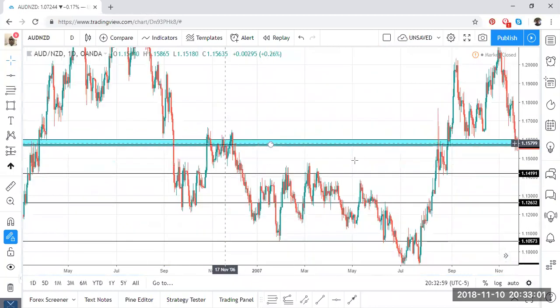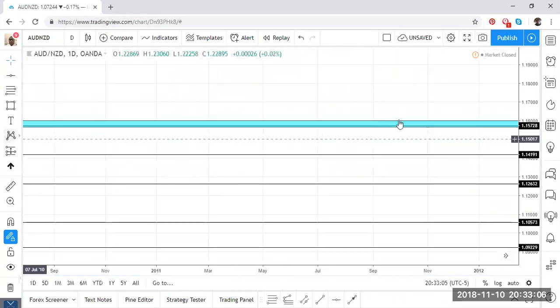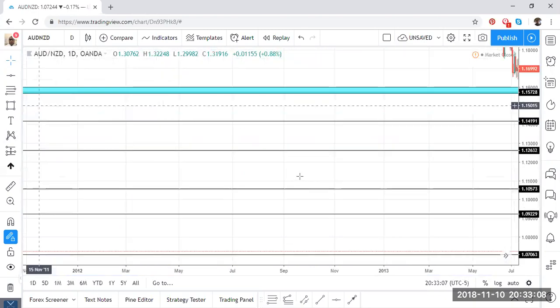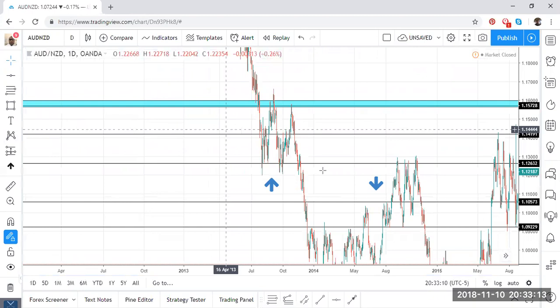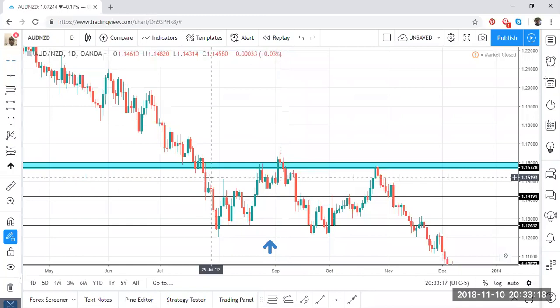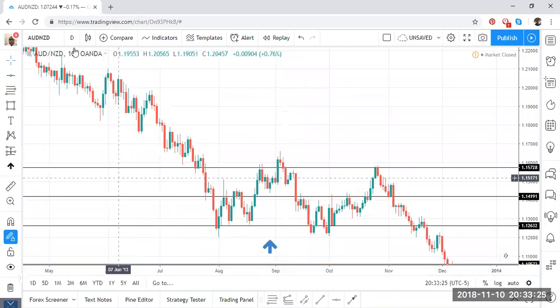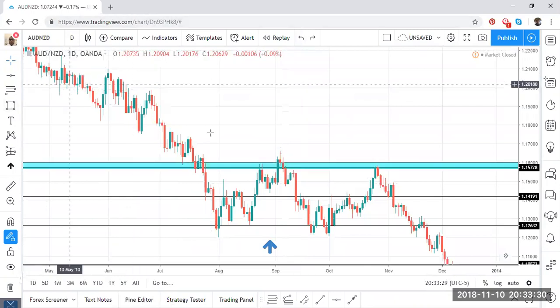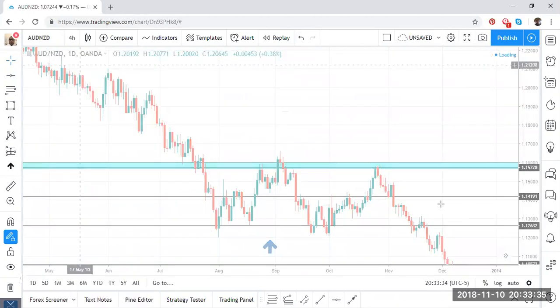Okay, so I drew it over here. I can remove it right now and I can do it over. To me, there's no right or wrong way to actually draw your zone. It's totally up to you. But what I found helpful is that if I do it too big, when I go back to the 4 hour, it looks small on this one, but when I go to the 4 hour, this will be huge.